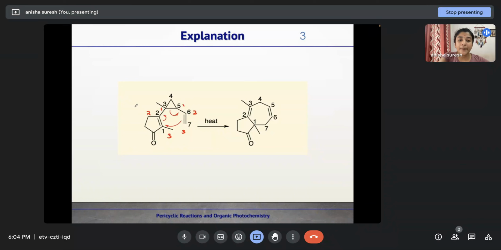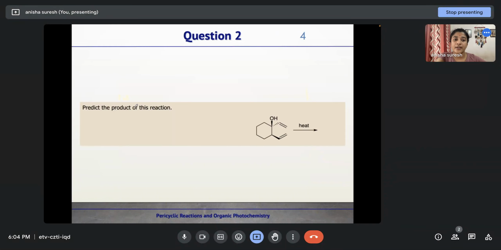Now, coming to the second question. Here we are asked to predict the product of the following reaction. Here we have a diene system.